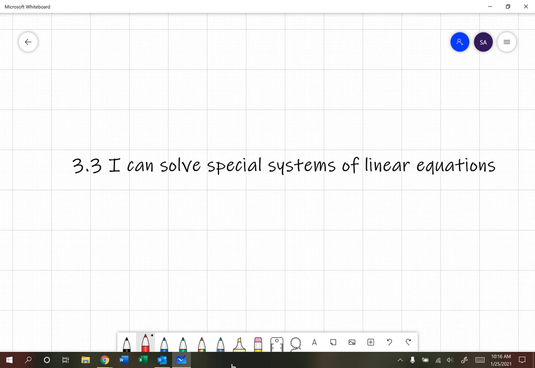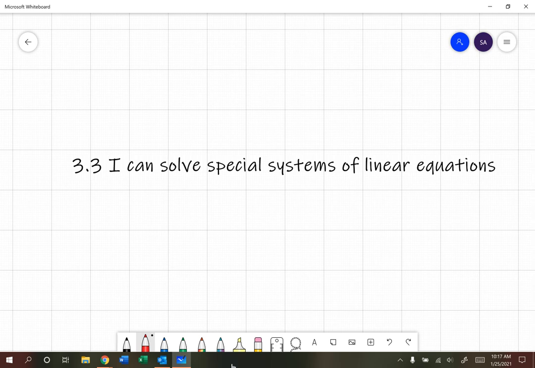So far this unit, you've talked about systems of linear equations, which are two or more equations that have the same solution. That solution is an ordered pair that would solve both or all of the equations in the system. We have learned how to solve systems of linear equations through graphing and elimination and substitution.